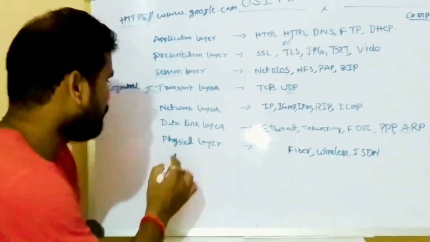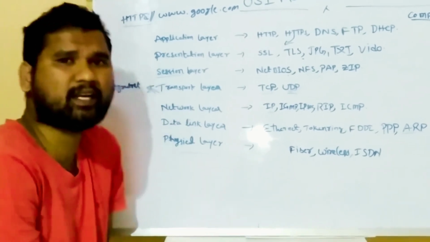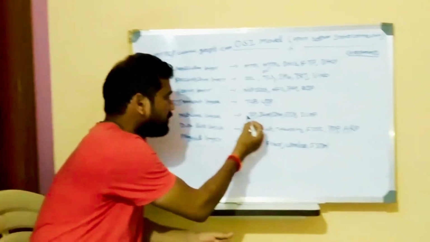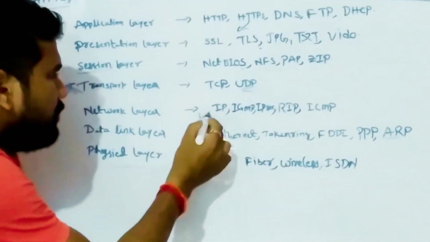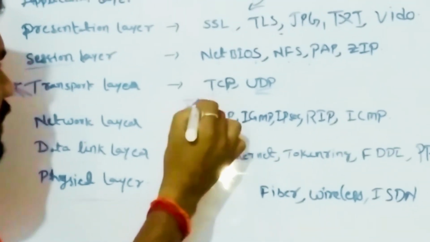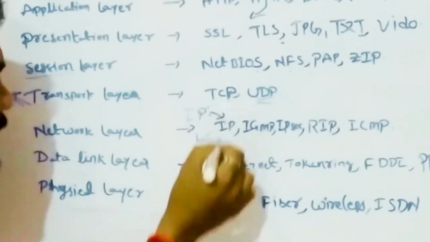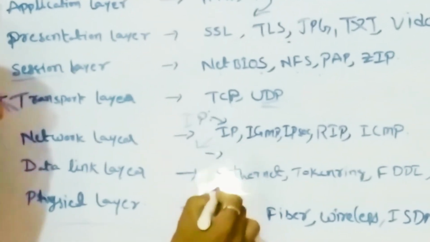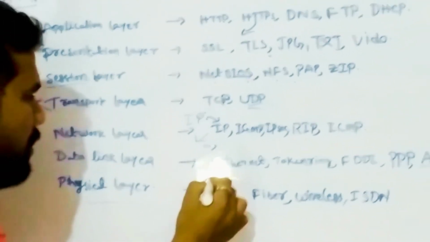And coming to the physical layer. Routing uses IP addresses. The IP will be added, and for Ethernet the MAC address will be added.